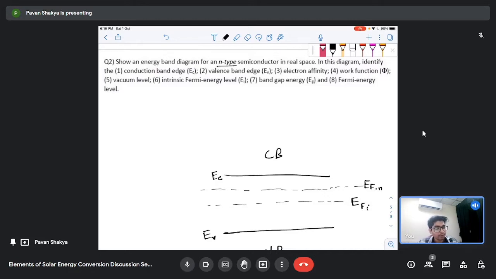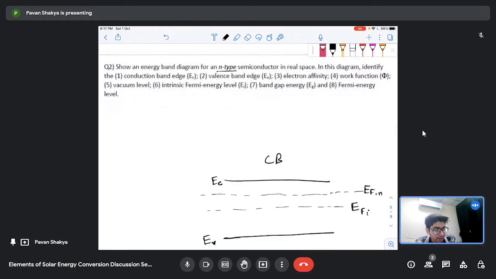Before coming to the electron affinity, first we have to see that there is one level called the vacuum level.